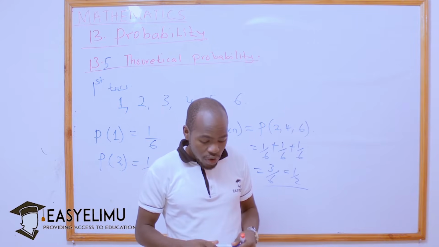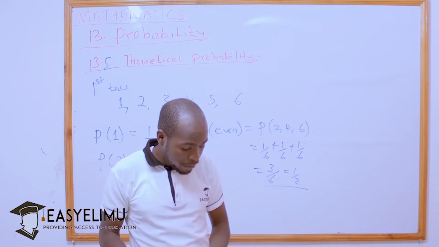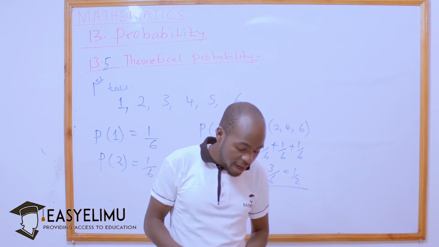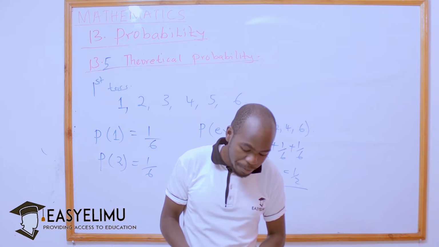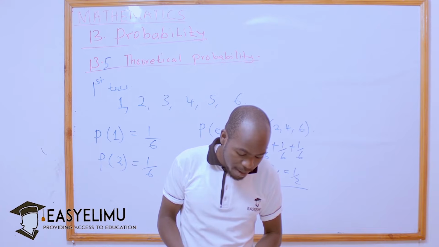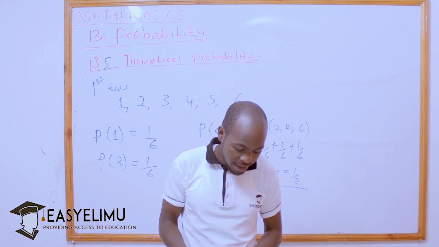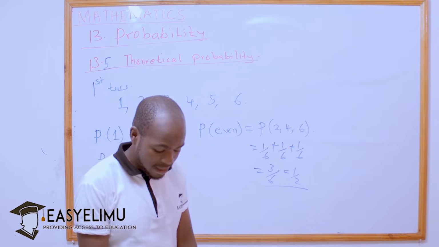So with that, we have seen what theoretical probability is, and we are going to see an example from exercise 13.2, number 5. That is, 2 dice are tossed together. What is the probability that the sum of the numbers showing on their upper face is either 3, 5, or 8? So let's see how we can calculate that.